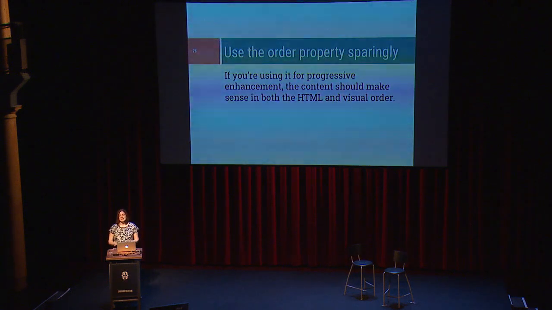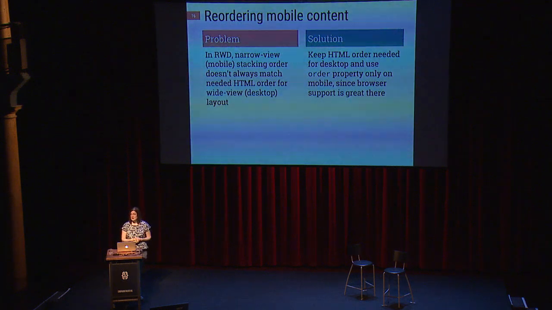So the order property is not a blank check to move content around the page wherever you want. Other CSS3 layout modules like grid layout have much more robust and accessible reordering capabilities. But it is possible to use order in a smaller progressive enhancement sort of way without hurting accessibility. For instance, the order property can come in handy on responsive sites when you want to stack content on narrow mobile screens.